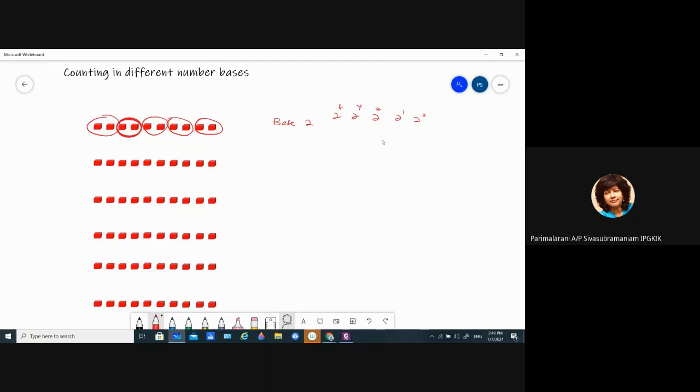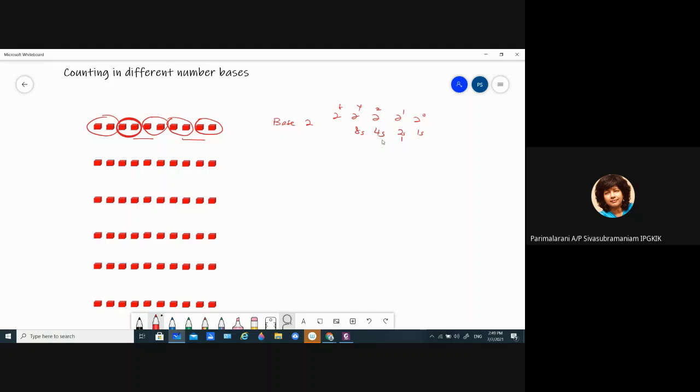And so on, okay? So we have ones here, twos here, fours, eights, and so on. If we have 5 groups of twos, we can't write 5 because we can't use the digit 5. Even if you want to group these twos as 4 and 4, we can't write 2 here because we can't use the digit 2.